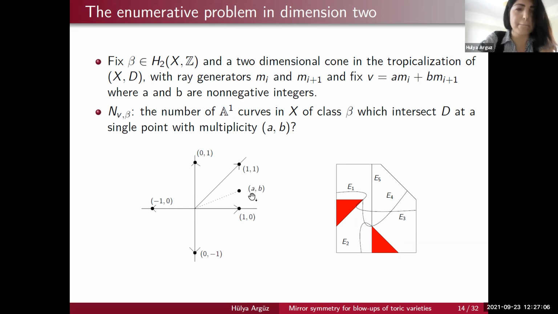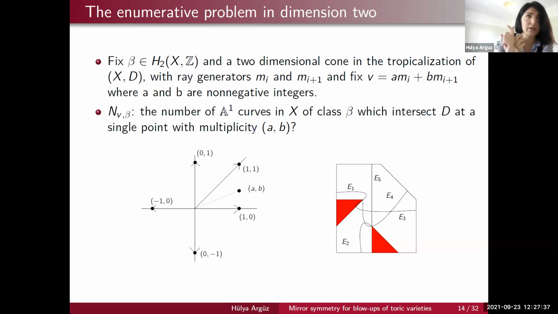And a question people usually ask is, why in your enumerative problem do you also fix (a,b)? Isn't it enough just to fix beta? Because fixing beta in a toric variety amounts to fixing all contact orders. But by fixing (a,b), you actually fix something additional, because you fix the maximal cone, and it amounts to also fixing the toric strata where you impose your contact orders.